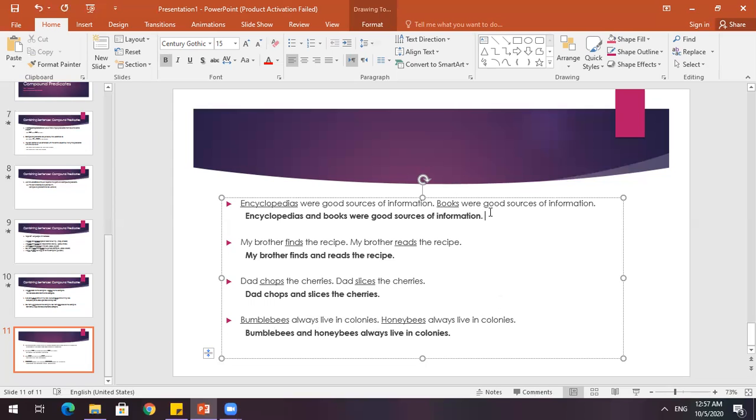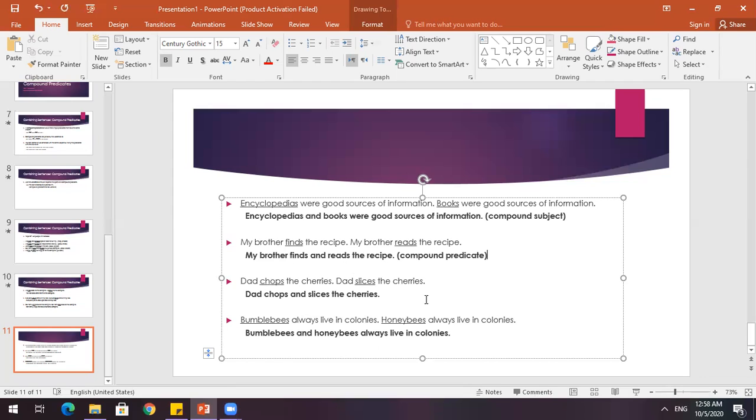Okay, so here, this is encyclopedias and books are good sources of information. This is a compound subject. In the second example, my brother finds the recipe, my brother reads the recipe. My brother finds and reads the recipe. This is a compound predicate. Dad chops the cherries, Dad slices the cherries.